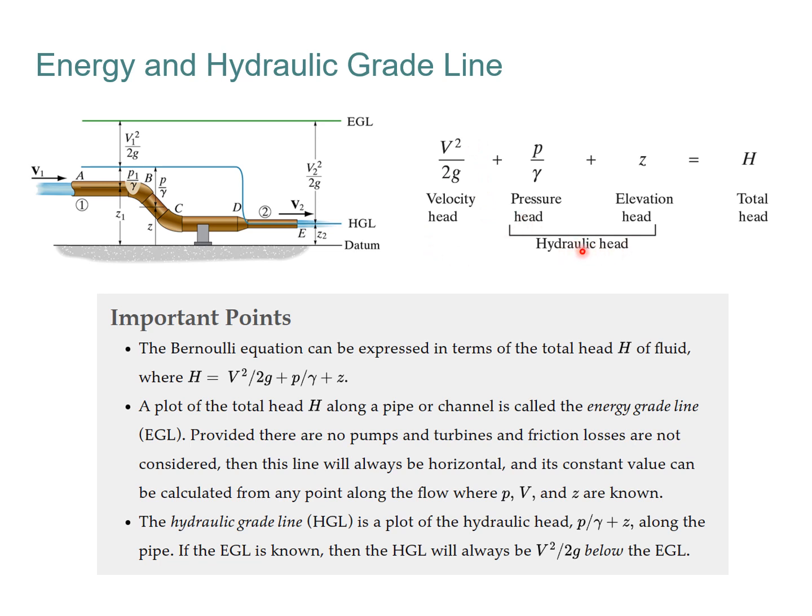The energy grade line is simply the sum of those two terms, velocity head plus hydraulic head, so that's going to be constant. The HGL is going to be just these two terms here added together, which will always be less than the energy grade line by this velocity head term.